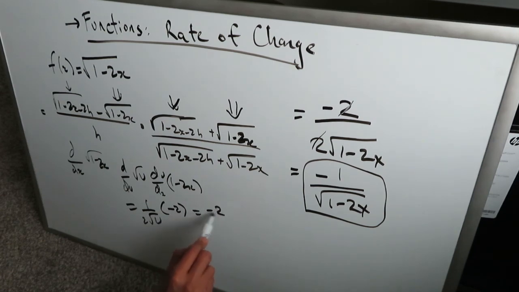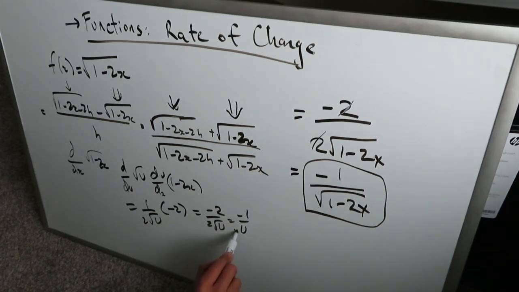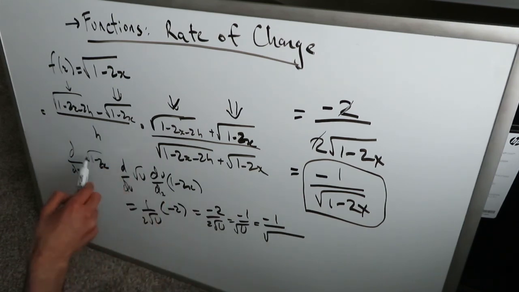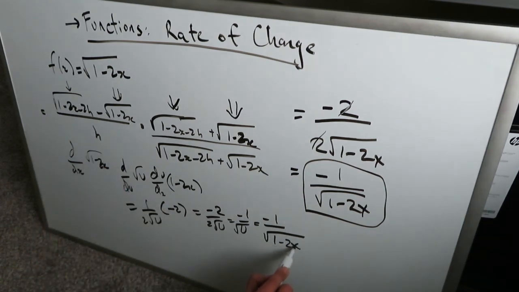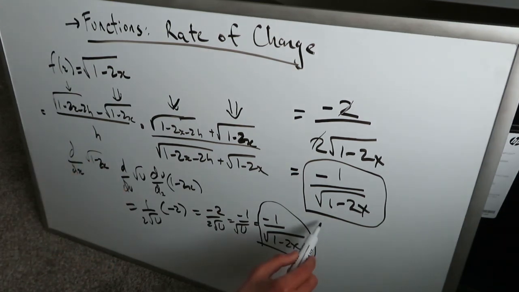I get a minus 2 divided by 2 root u. Minus 2 and a 2 cancel out to give me a minus 1 over root u. And u over here represented my 1 minus 2x. This is what I'm getting using the derivative technique. So much easier, so much simpler. But yes, these two answers match.